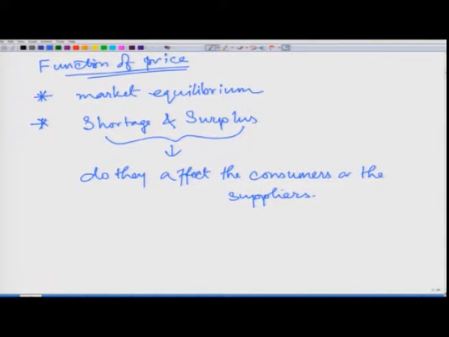If the supplier wants to make a profit, a positive profit, not a normal profit, and the price comes down following its natural behavior to bring in an equilibrium, does that satisfy the supplier, or does it really satisfy the consumer?